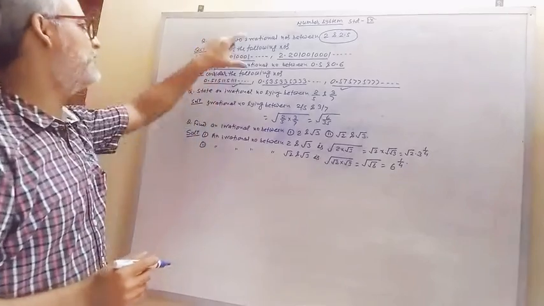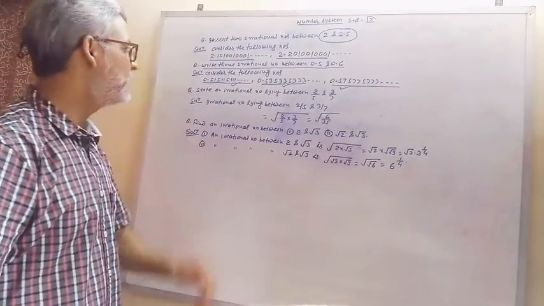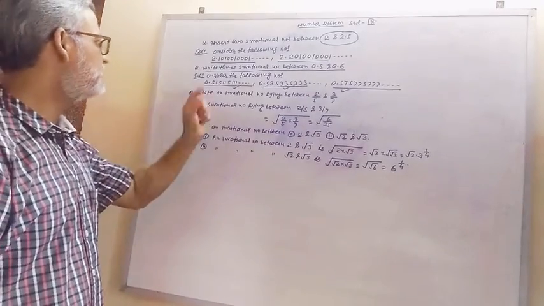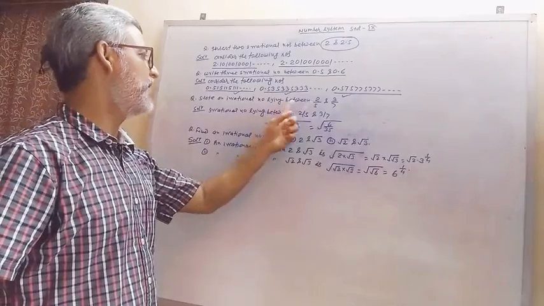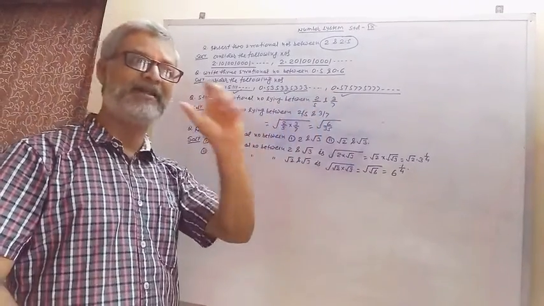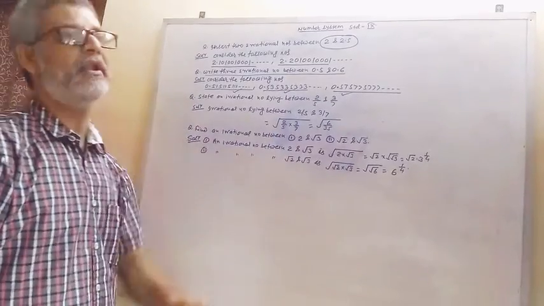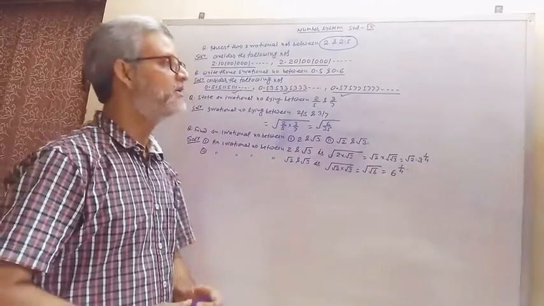Either a few numbers are given to substitute in decimal form, or sometimes it is given: state an irrational number lying between these two rational numbers, 2 by 5 and 3 by 7. So between rational numbers, how do we put an irrational number?